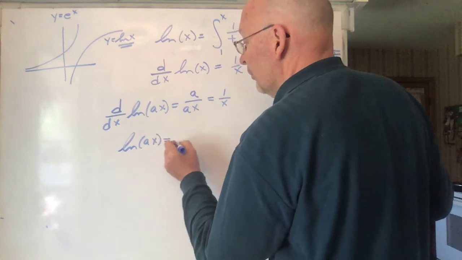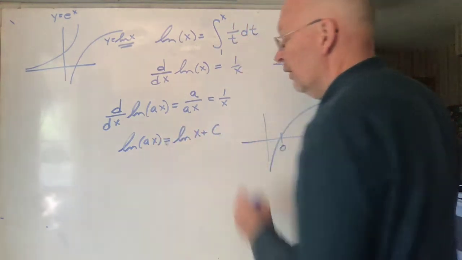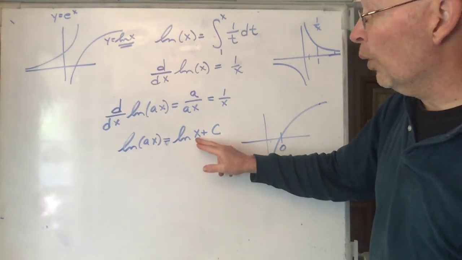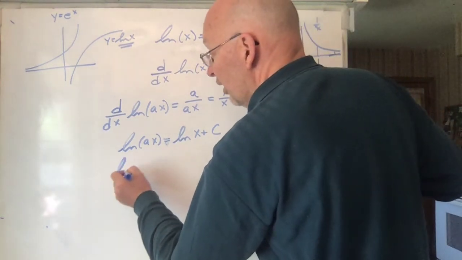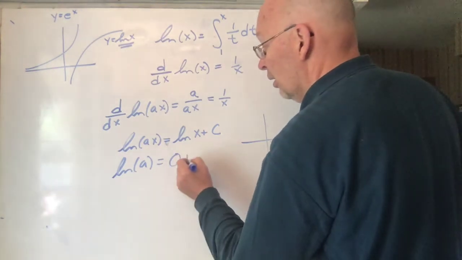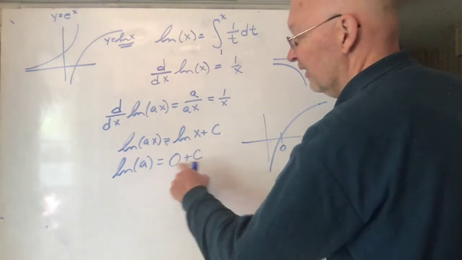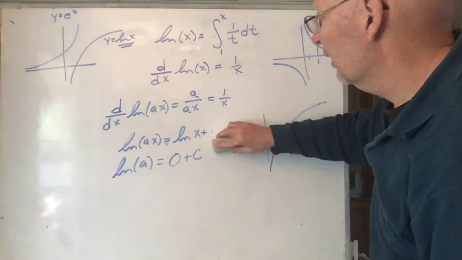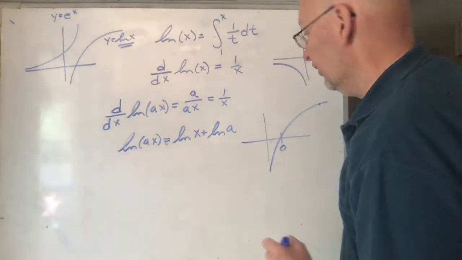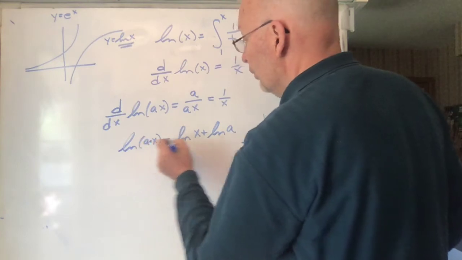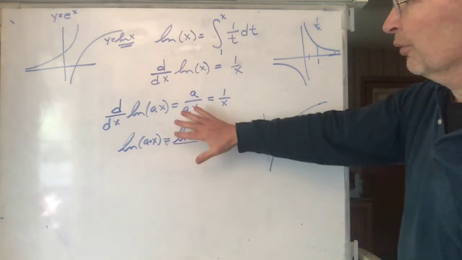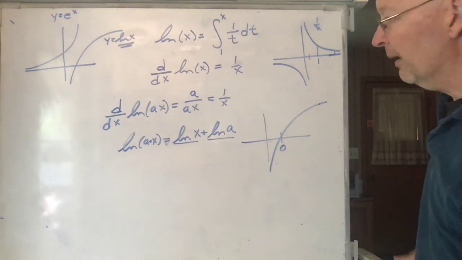To find out what that constant is, all you have to do is stick a 1 in for x. If you stick a 1 in for x, you get the ln of a here. The ln of 1 is equal to 0 plus c. So that tells us that c is equal to the ln of a. And there, right there, we've got the proof that the ln of the product of two things is the ln of the first plus the ln of the second. Okay, so that's one of those most important properties of the ln. So I want to just show you that.